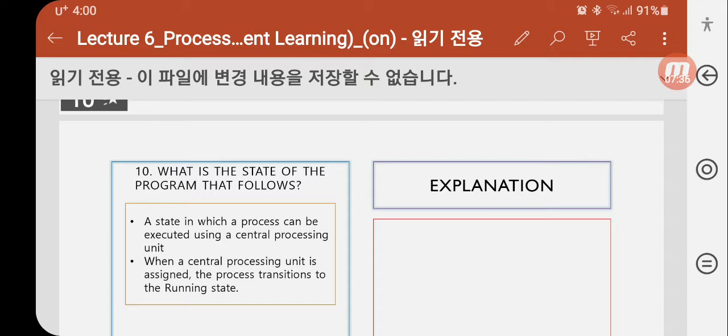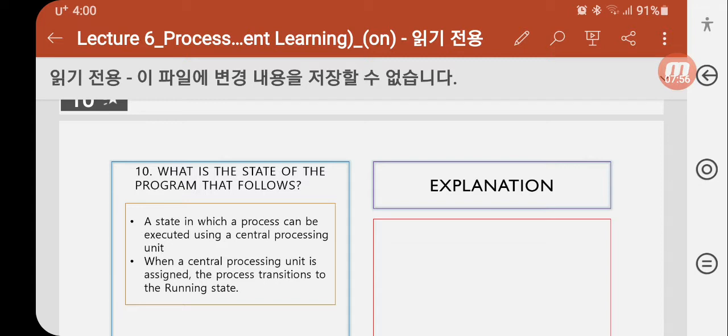What is the state of the process that follows? Let's read the example in the square box below.